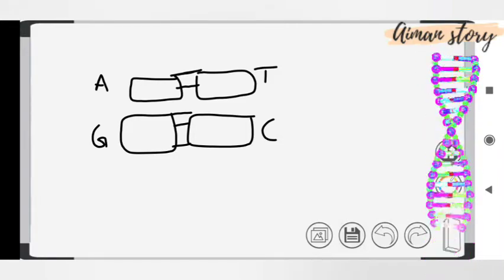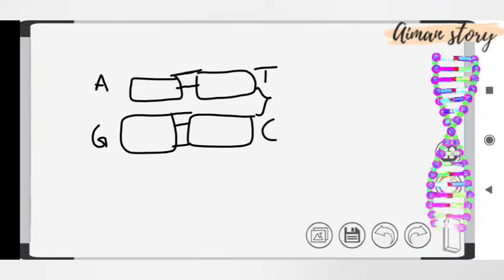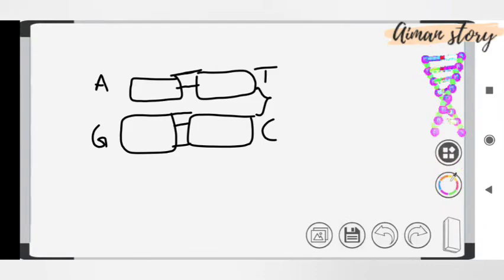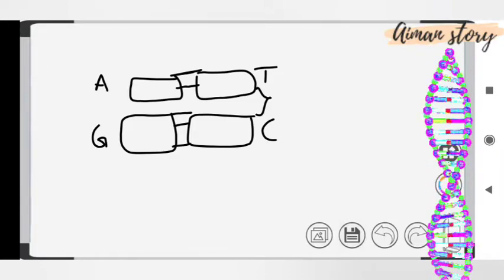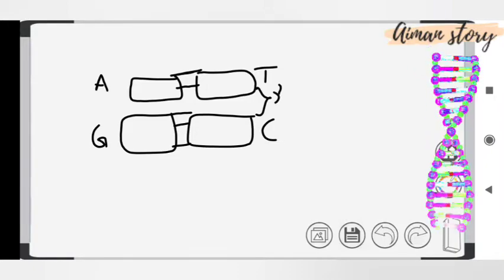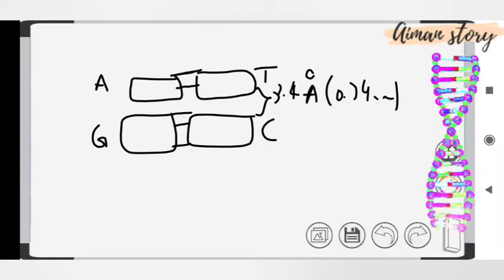In between the top and bottom nitrogenous bases, there is a space, and the measurement is 3.4 Angstrom or 0.34 nanometer.